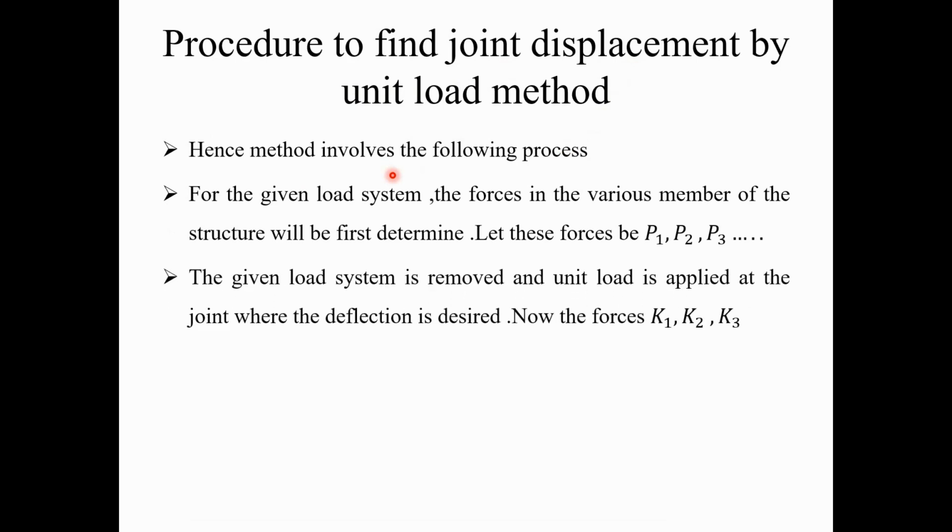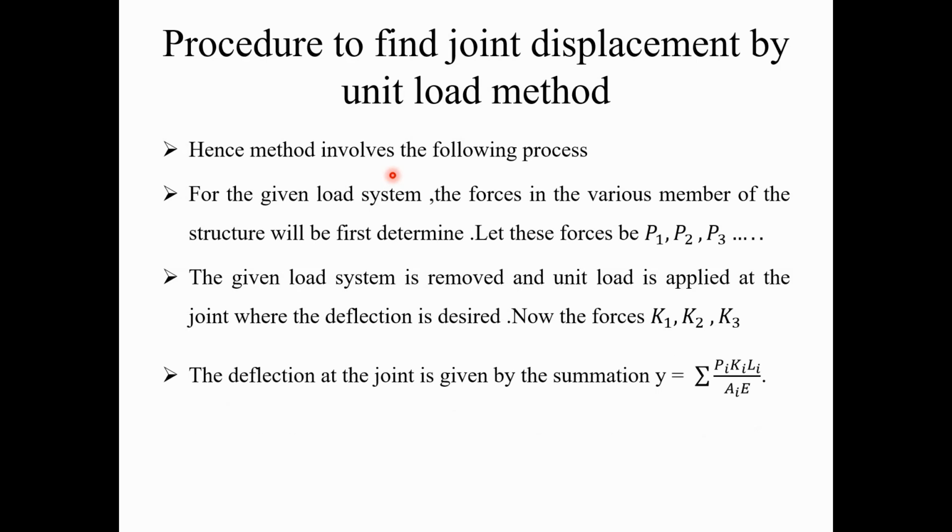Then the given load system is removed, meaning all the external forces are removed from the structure, and a unit load is applied at the joint where the deflection is desired, and now name those forces K1, K2, K3, or we can call them K forces.